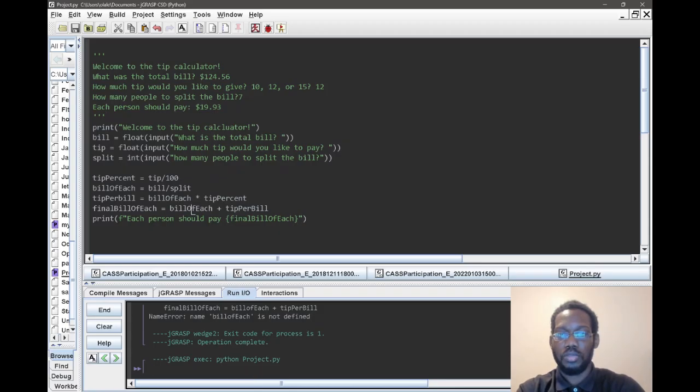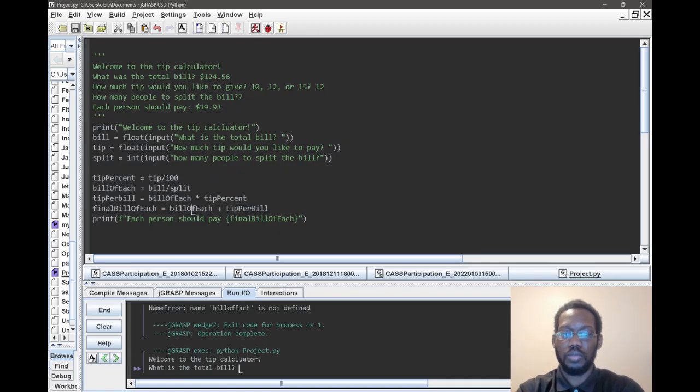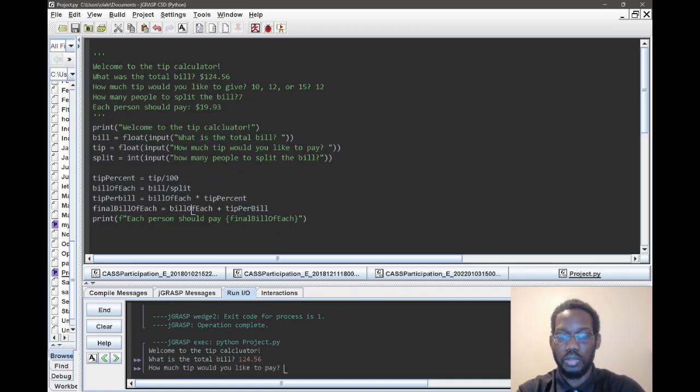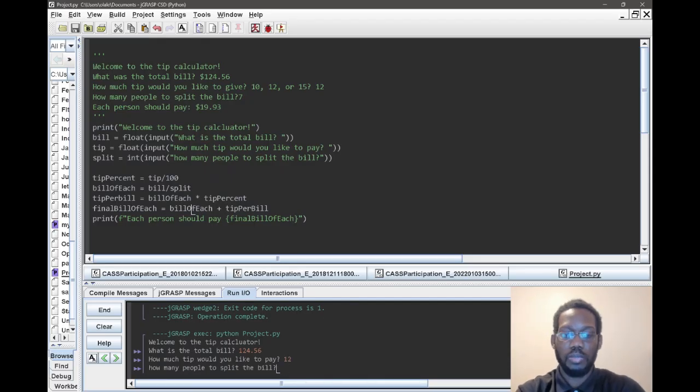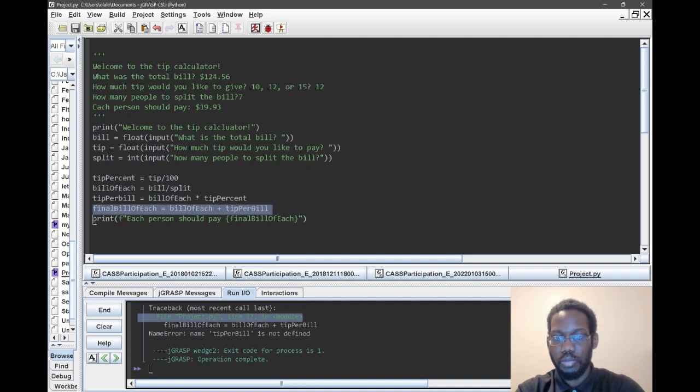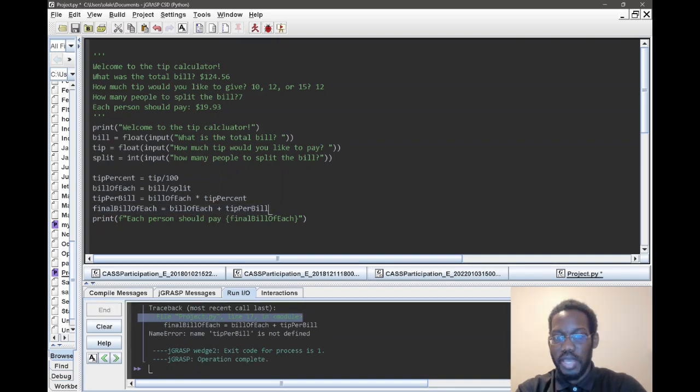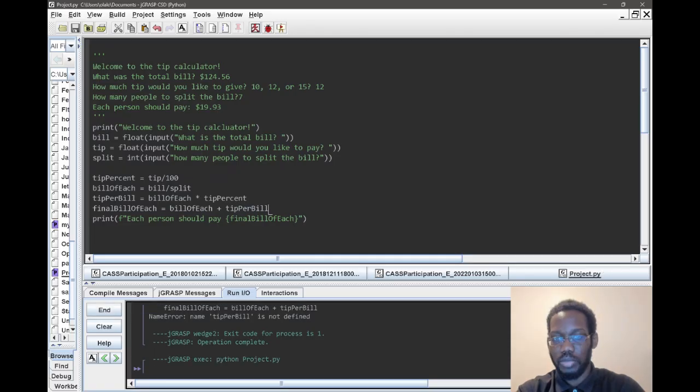So let's run it again. 124.56 will be the bill. How much tip would you like to pay? 12%. Let's split the bill, 7. Okay, tip per bill not defined. So that should be the name error fixed. Shouldn't be running into that error anymore.